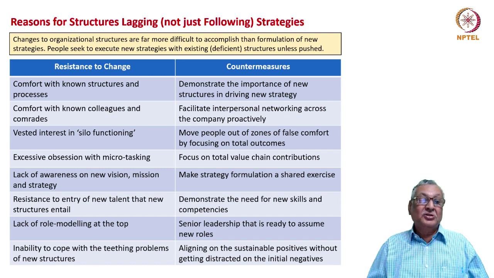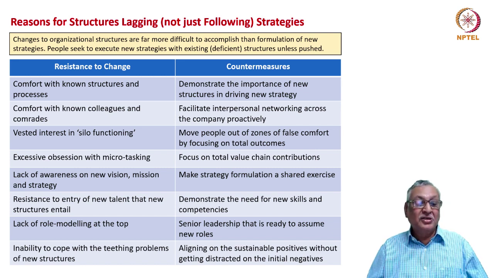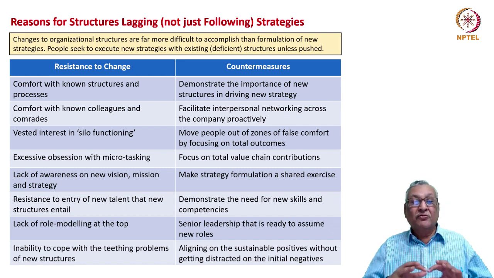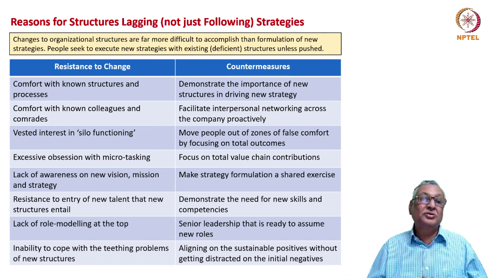One of the resistance factors to change is lack of role modeling at the top. We should have senior leadership that is role modeling. The tone at the top should be nice, should be engaging, and should be effective as well. Once that is done, it is possible to mitigate the risk of weak leadership. Then new structures lead to new problems.